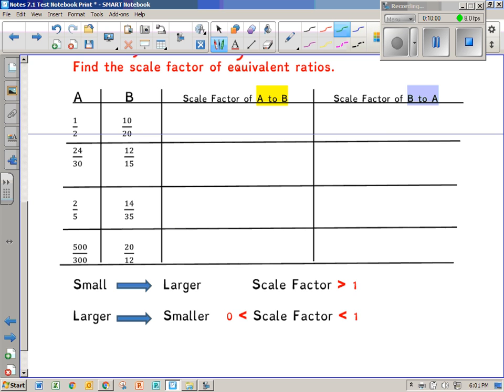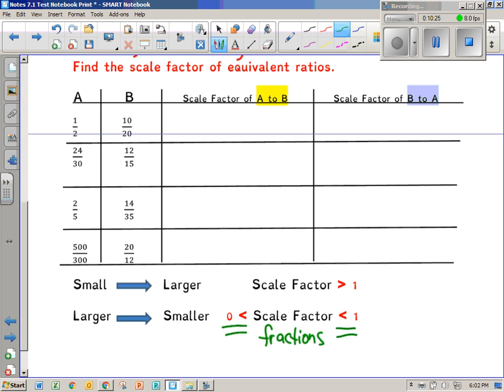If you start large and you're going smaller, that means you're dividing the top and bottom or multiplying by a fraction. So the scale factor would be between 0 and 1. So these scale factors would all be fractions. And by fractions there, I mean proper fractions, okay?